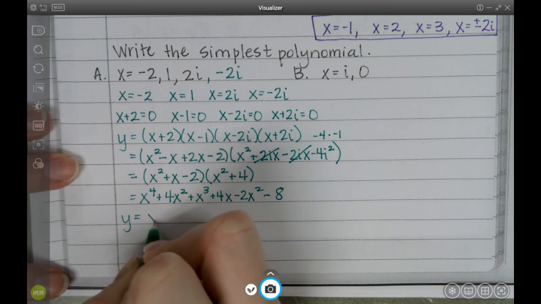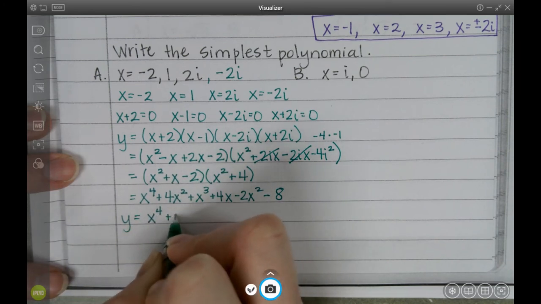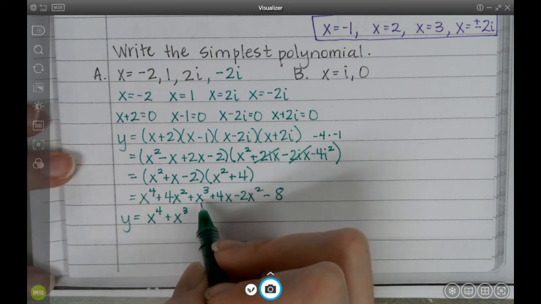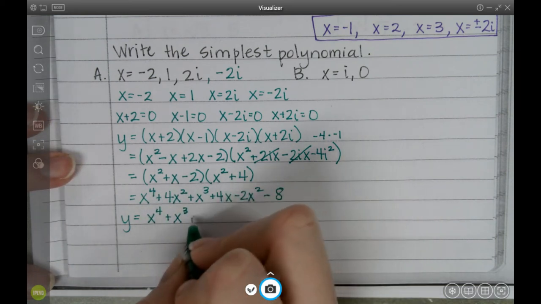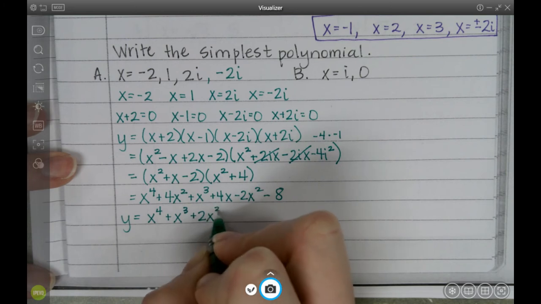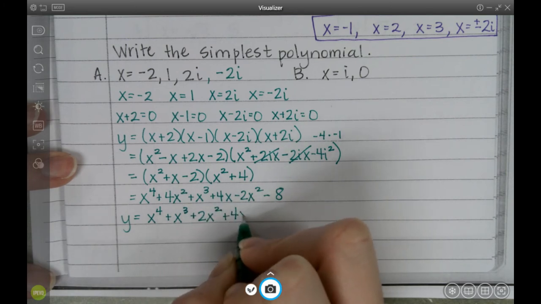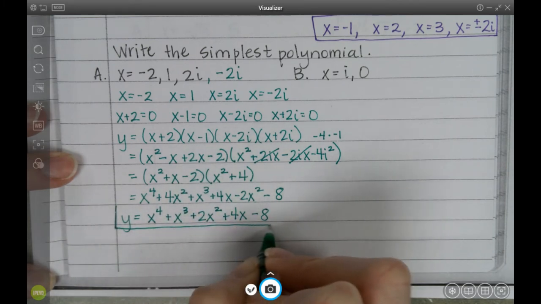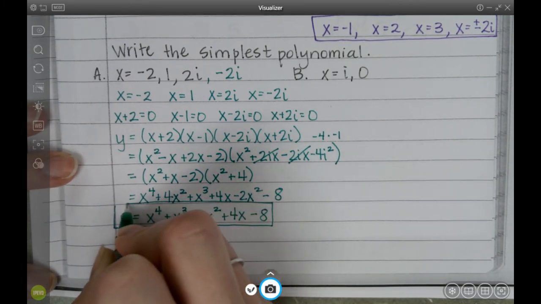Then combine your like terms and put it in standard form. So x to the 4th plus x cubed plus 2x squared plus 4x minus 8. Whew.